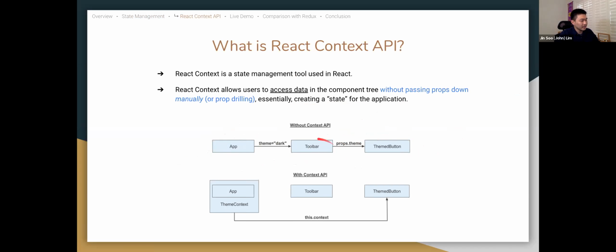So in reality, this toolbar doesn't even use this theme dark, but the sole purpose of it being sent to this toolbar is so that it could be sent to this theme button. But with React Context API, we can simply create the context at the top level and skip this toolbar and send it directly where we need to.